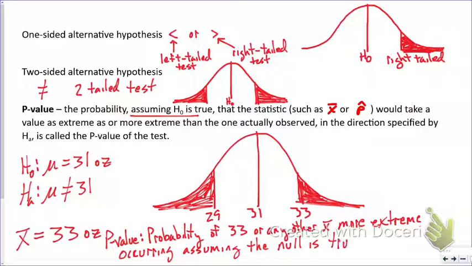Now, what is that p-value? That just depends on a lot of things. If it was 0.1031, I'm just making up numbers, then that means there's a 10.31% chance of 33 or anything more extreme occurring, assuming the true mean is 31. It's a really difficult concept. We'll practice it more down the road.